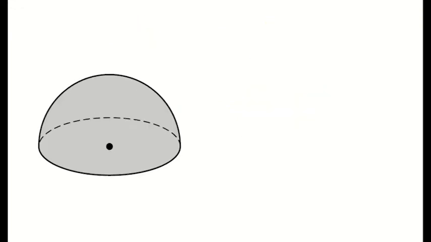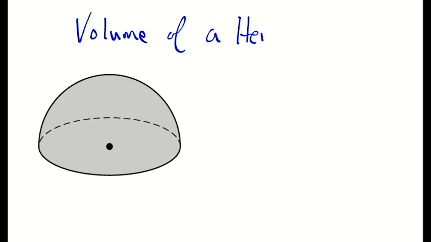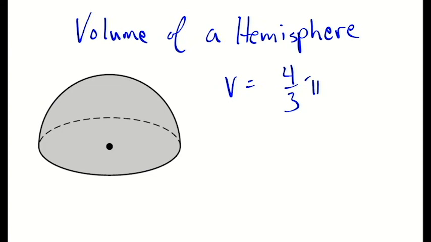So what happens when we look at a hemisphere? Looking at the volume of a hemisphere is a lot easier, because truly all you're doing is cutting the amount of substance in that sphere exactly in half. So if we take the volume of a sphere, which is 4/3 pi r cubed, and we want to take exactly half of it, we're just multiplying it by half.